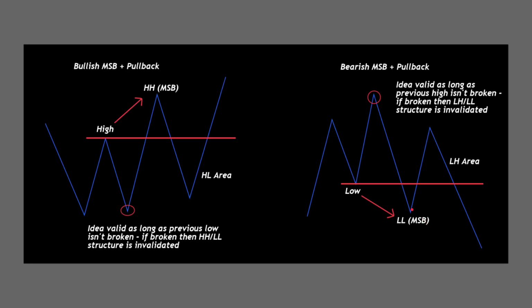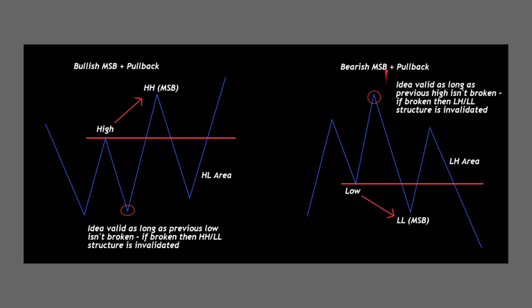Now, price could go really bearish and just keep going down. It could come back to this breakout line and then go down, as we saw in our first example, or it could retrace and pull back to some sort of high in this area. Now, as long as price does not surpass this previous high, this is still valid.